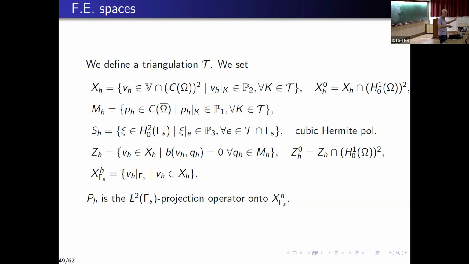So we need some Hermite element, and we have to take a projection in order to compare elements which are in the space P2 and cubic Hermite element. It's why we need this projector. But thanks to that, the idea is nearly the same.